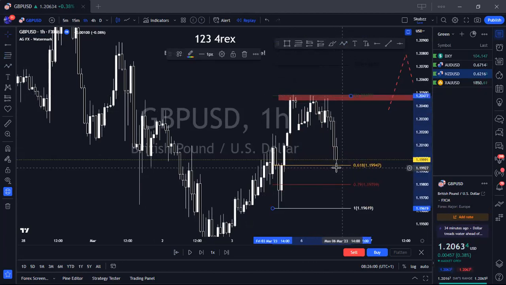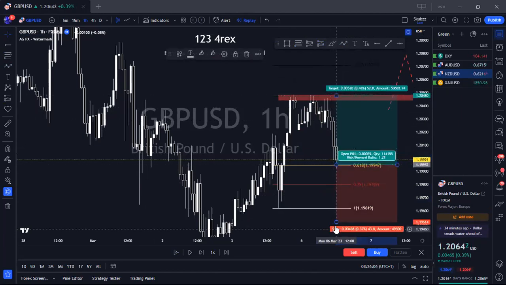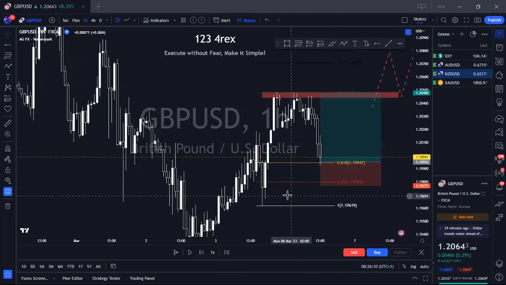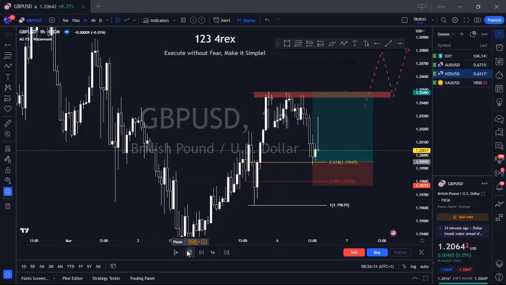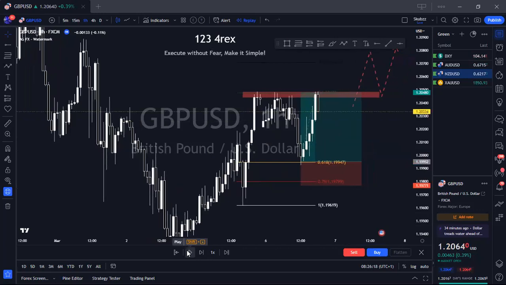Once price taps the 0.618, we jumped on it from here to the upside, with stop loss below the 0.79. And then the market did the rest. Do you understand? You drew it from the bottom to the top. Yes, from the bottom to the top.